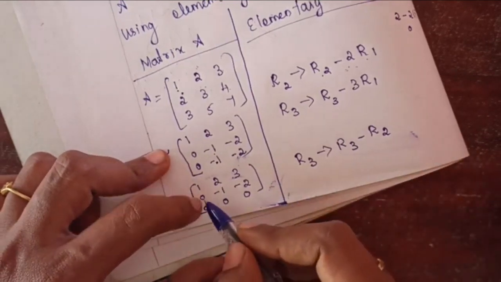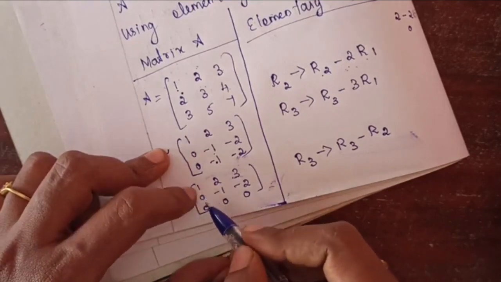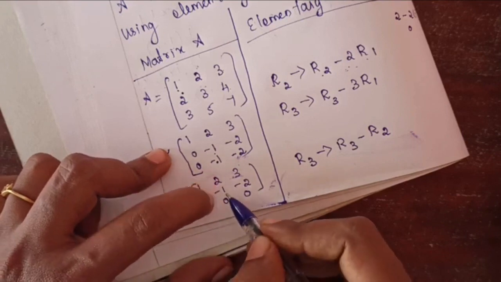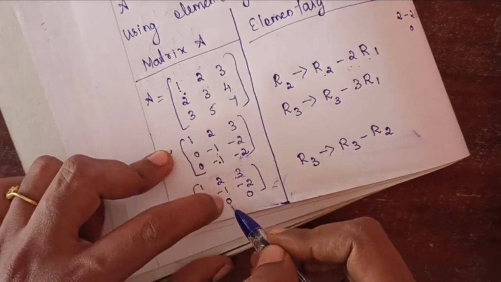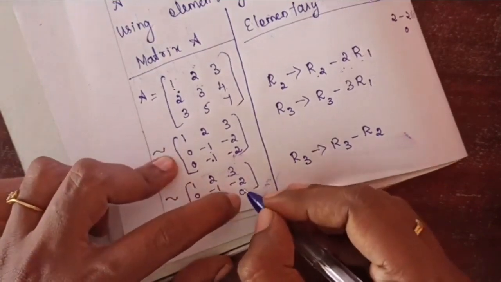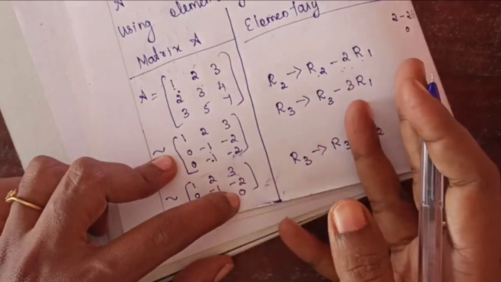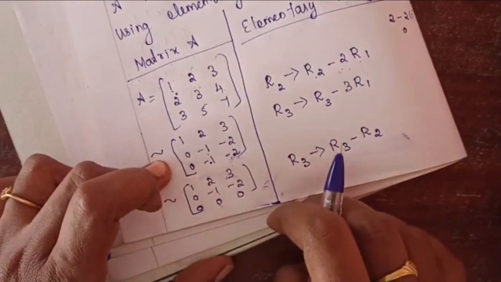The main thing is the first column: here it is 1, so the 2 entries below must be 0. Then you want to see the next number. Here it is minus 1, then the entry below also must be 0. Maybe this is a number or may not be, it is 0 or maybe any number, both are correct. But in this problem we got all the entries as 0.